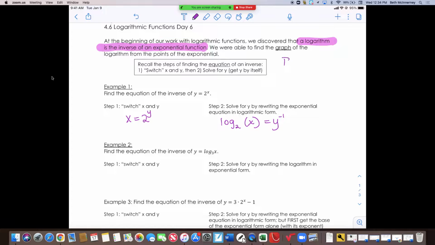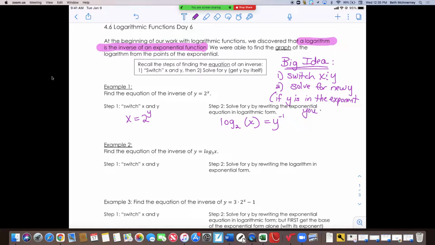So let's write something down here. Big idea. When you want to find the inverse, switch x and y, solve for new y. If y is in the exponent, you rewrite in log form.